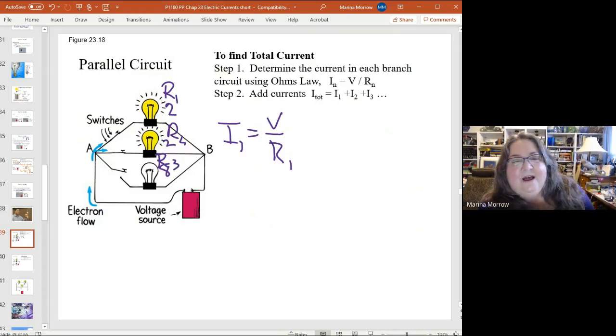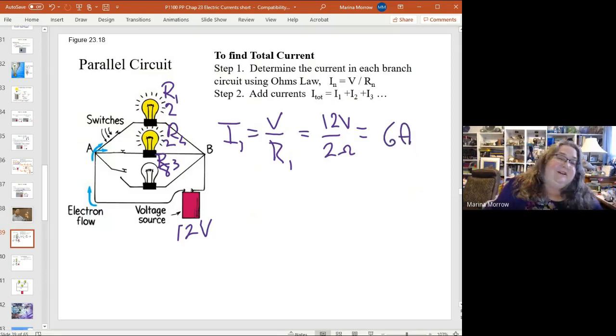Okay, so I1 is going to be V, the total voltage, which is 12 volts still, divided by R1, which was 2 ohms. And so I'm going to get 6 amps. Now, I2 is also 2 ohms. So I don't have to recalculate that.